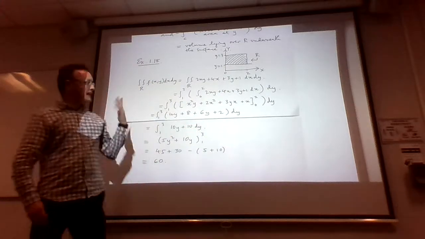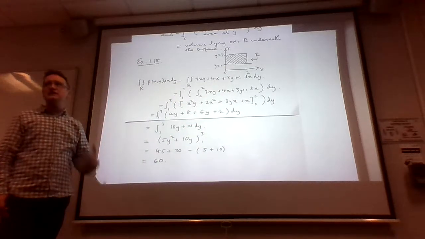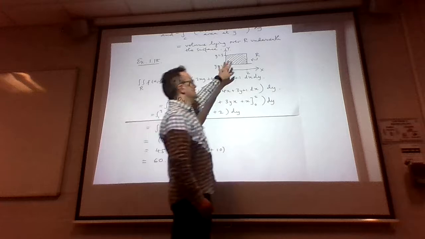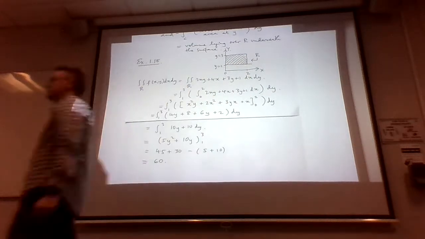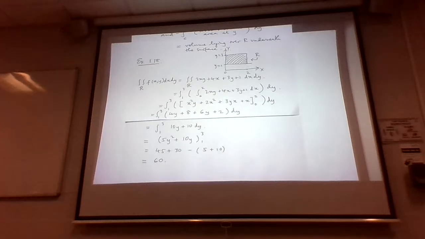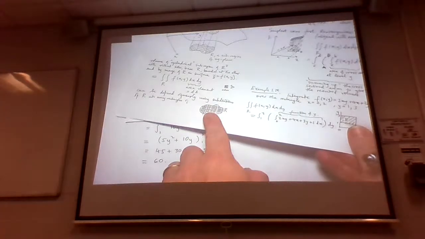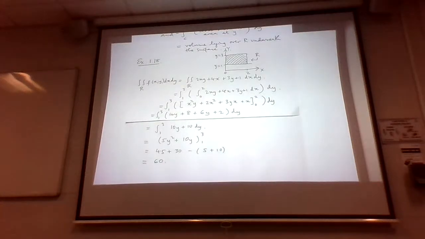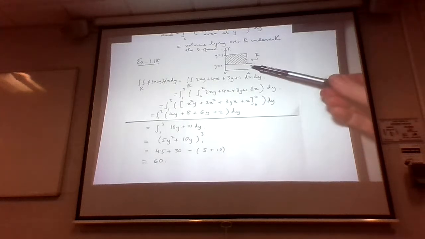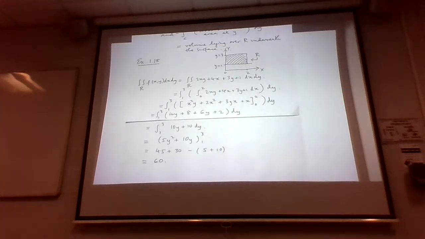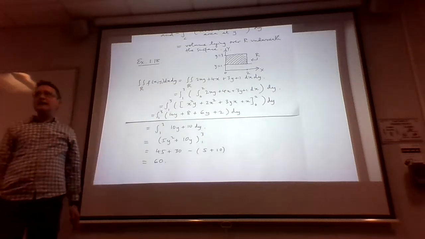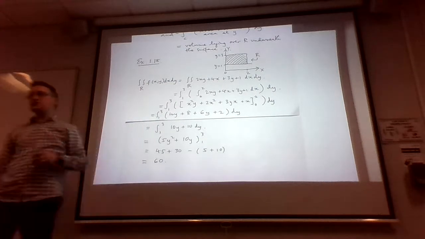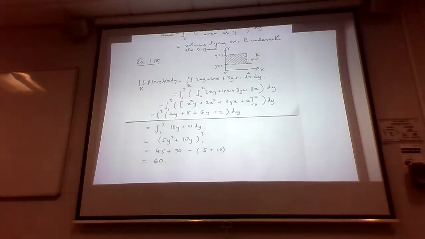In order to evaluate any of these, we'll still need a pretty concrete description of the region, not just a wavy general one I might sketch on paper. But as long as we have some concrete systematic description of the base region R, we should be able to make a good stab at evaluating these integrals given a reasonable function f of x, y.